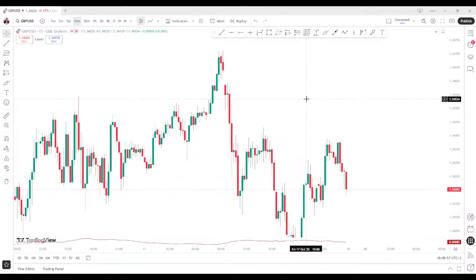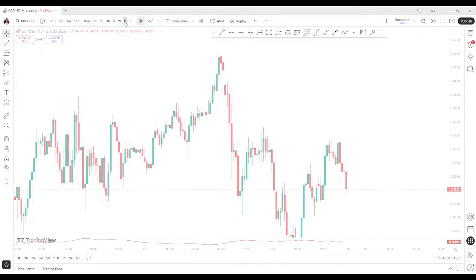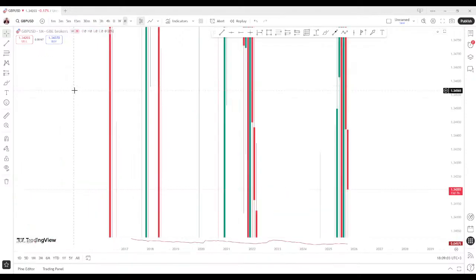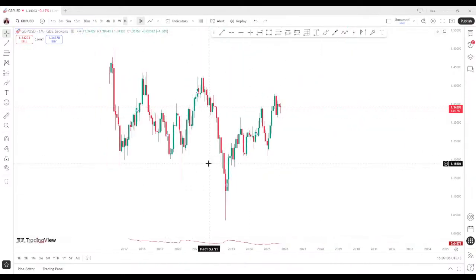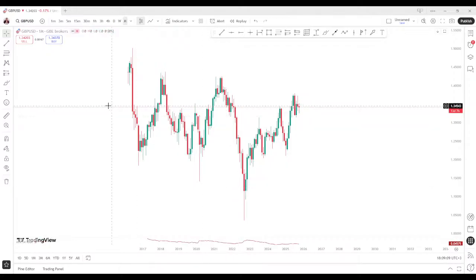So the first thing we do is to go to the monthly time frame, so that we understand what is the overall trade. This is GBPUSD.